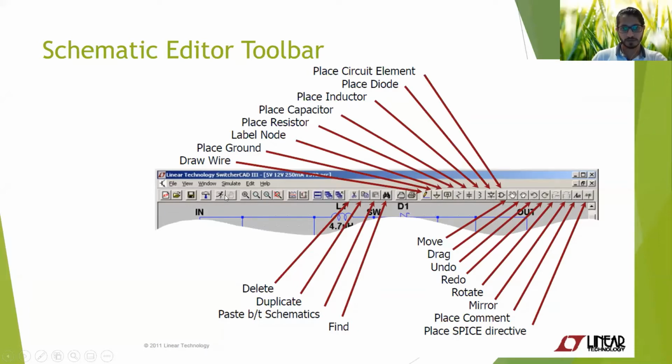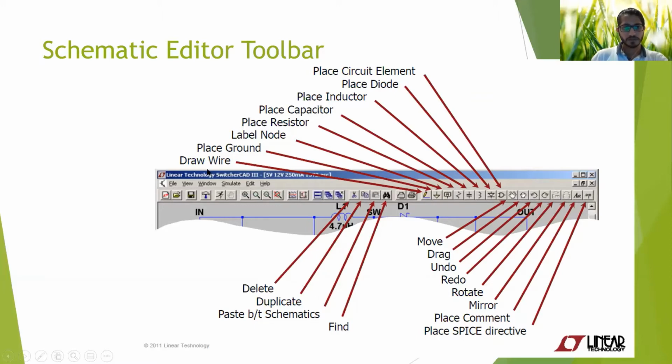I will talk about it later. And then these are zoom in, zoom out, and this is for delete, and this is for duplicate, if you want to paste more resistors rather than doing it from the library. You can duplicate it by clicking on this icon.